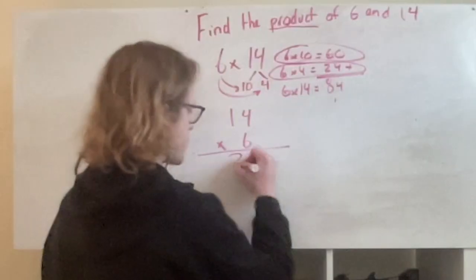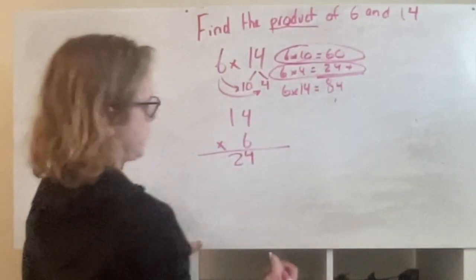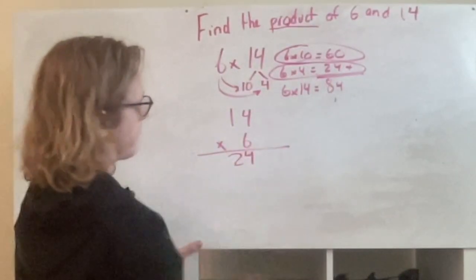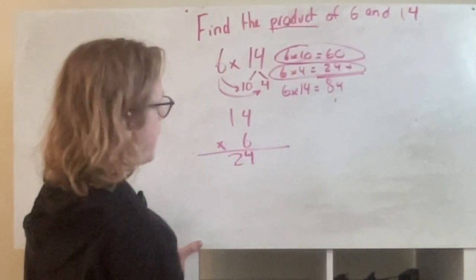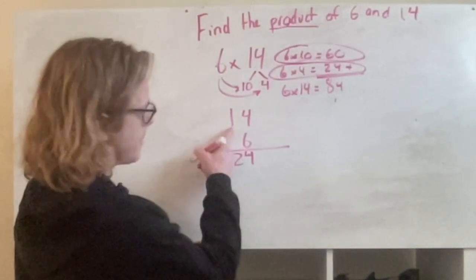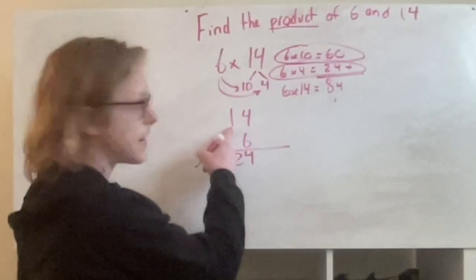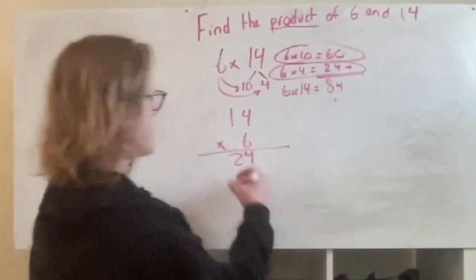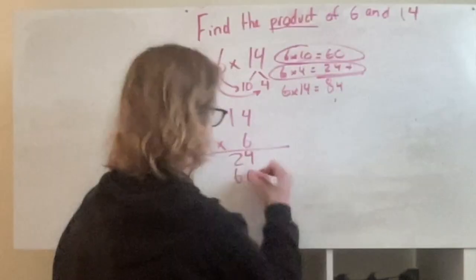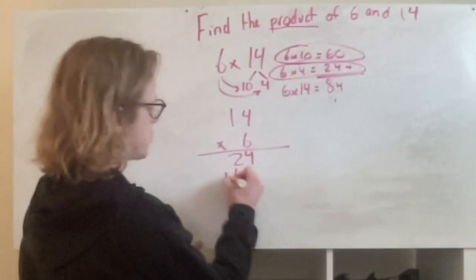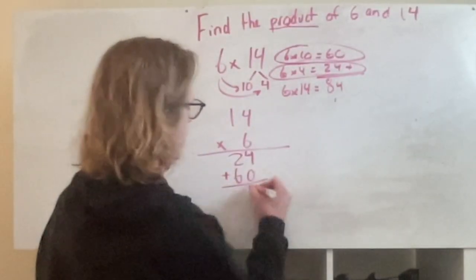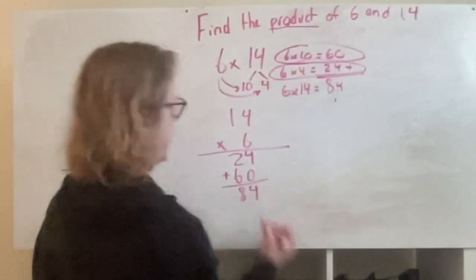Again, for clarity, I'm just going to write 24 here, okay? And then I'm doing 6 times 10, right? It's not 6 times 1, it's 6 times 10, which is 60. Okay, here's my two partial products. When I add them together, I get 84.